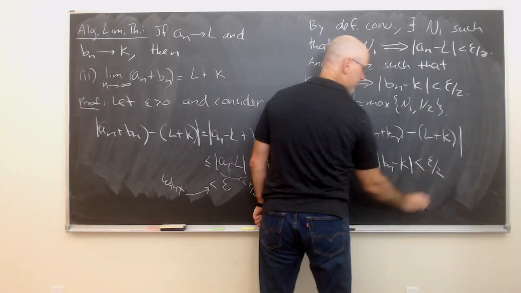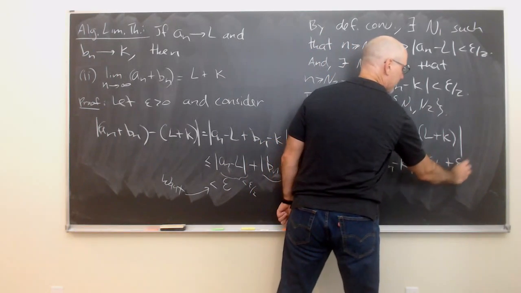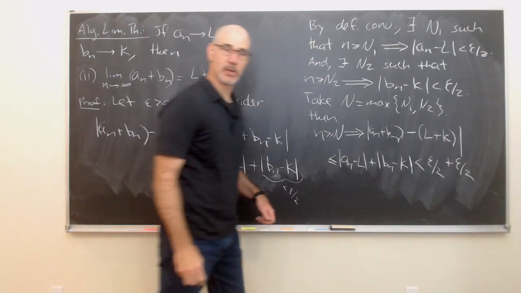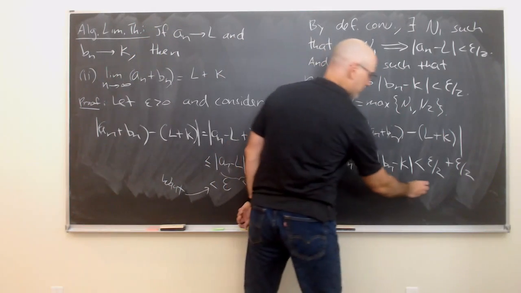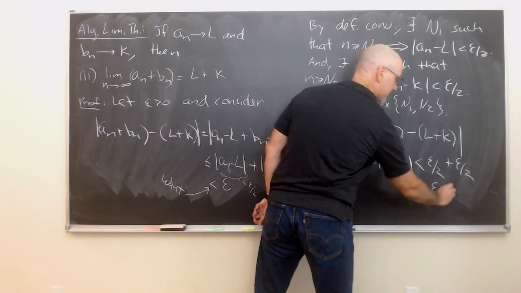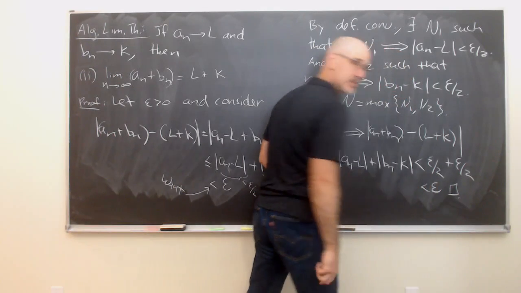First piece is smaller than epsilon over 2. Second piece is smaller than epsilon over 2. Combine those, and we're done. The whole thing has to be less than epsilon, and we've established the limit.